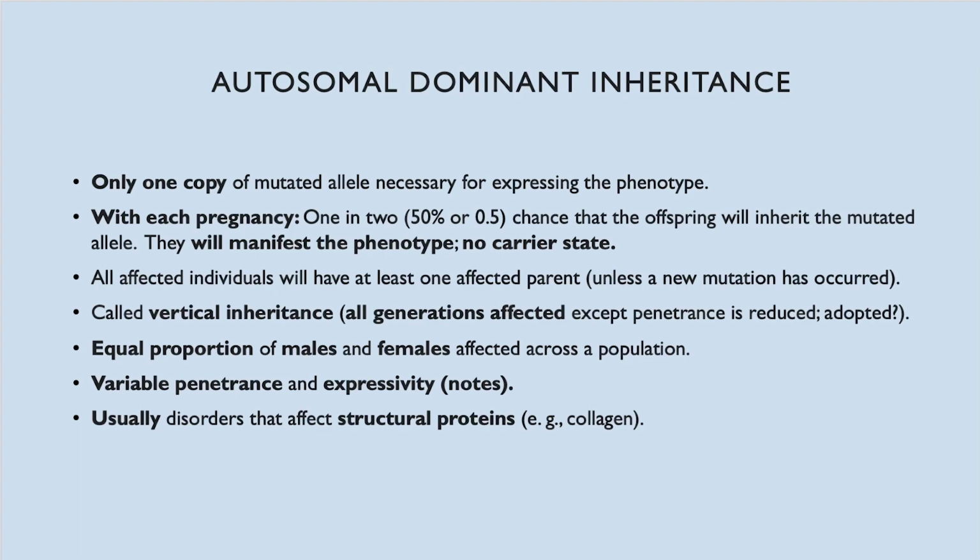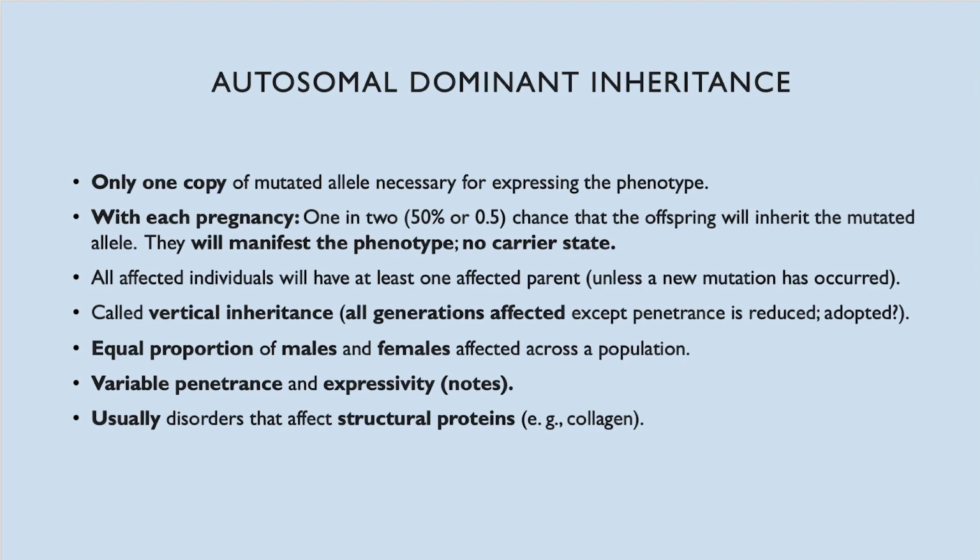This is because the trait is linked to one of the alleles in the 22 autosomes, not in the sex chromosomes. And it's dominant. One copy only is enough for the trait to be expressed.